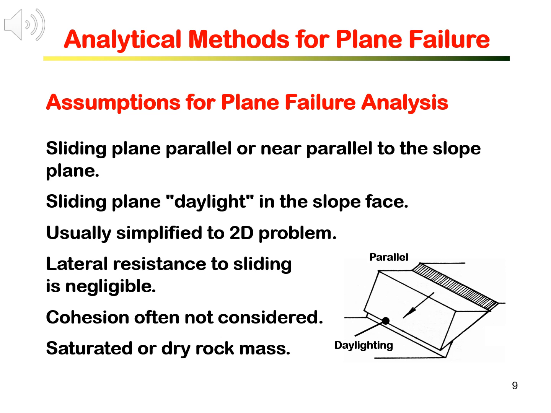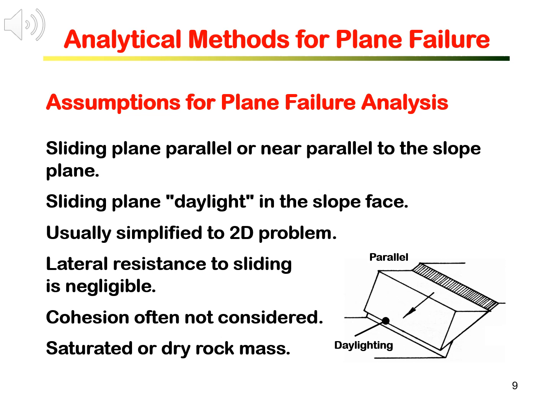For analytical methods to be used on plane failure, there are further assumptions. Usually, we simplify plane failure into 2D problems, first to analyze the forces in the direction of sliding.